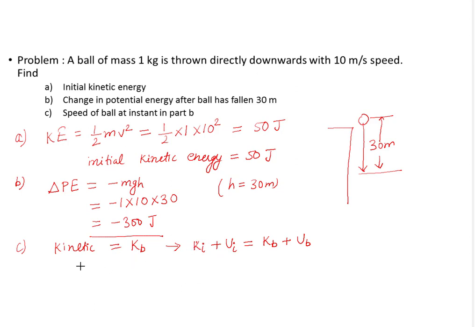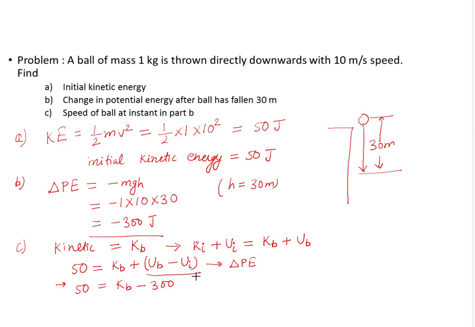So Ki, the initial kinetic energy, is 50 joules, equal to Kb plus Ub minus Ui, that is, final potential energy minus initial potential energy. So this is basically the change in potential energy. From here I can write that 50 is equal to Kb minus 300, correct?